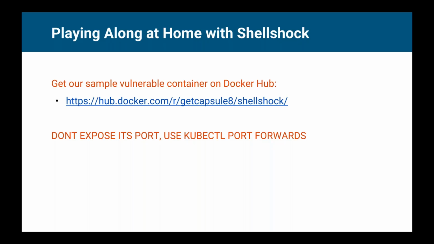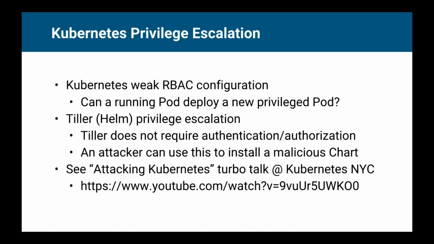I recommend launching it in its own dedicated namespace and using a kubectl port-forward to actually get access to it. And that way you can experiment with it without putting the cluster at a lot of risk. And this gives you a great view to see what an attacker would see from that infrastructure.